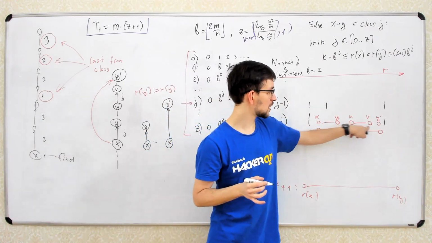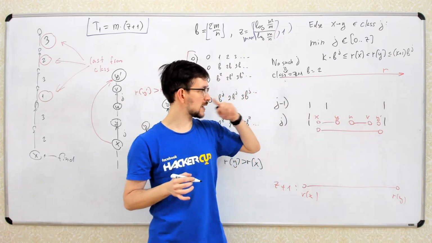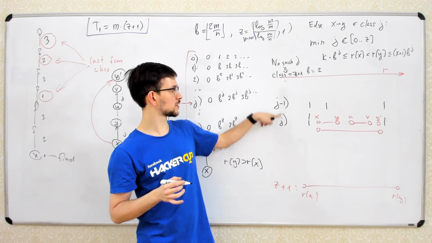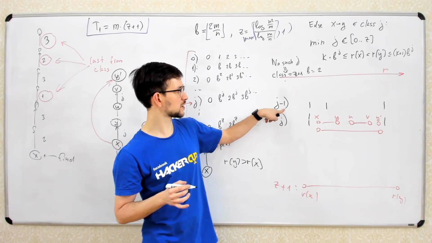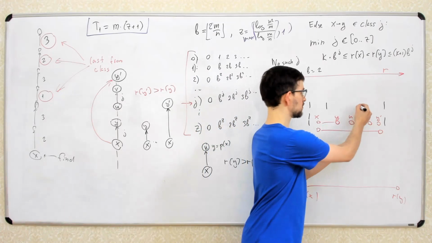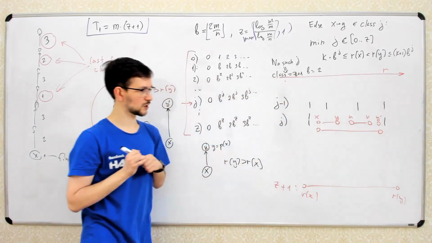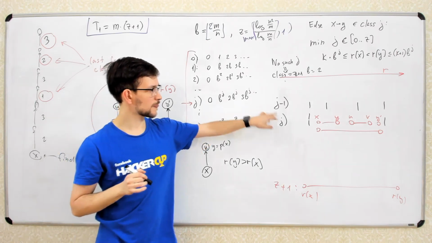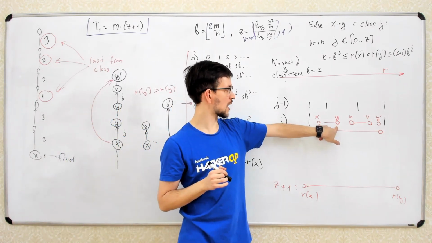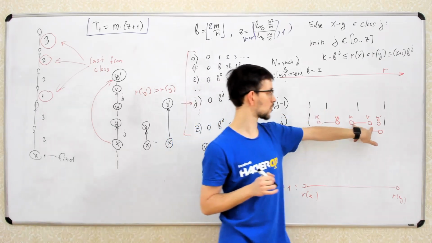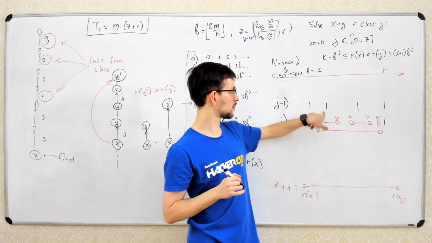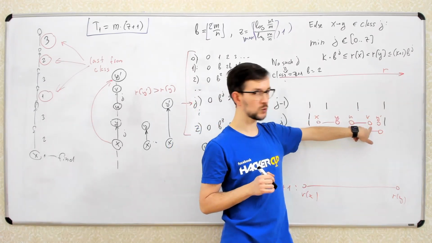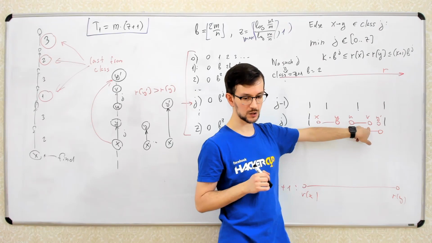And the same for this edge UV. It also belongs to class J, so we cannot put it in class J minus 1. It means that in J minus 1, there is some partition between u and v. So in the previous sequence, these two ranks are not in one segment, and there is some element between x and y, and some element between u and v.